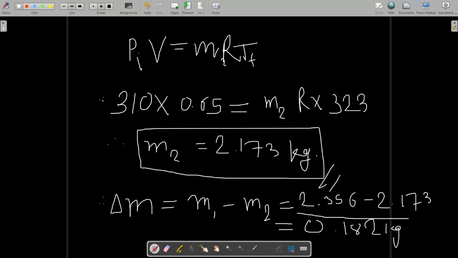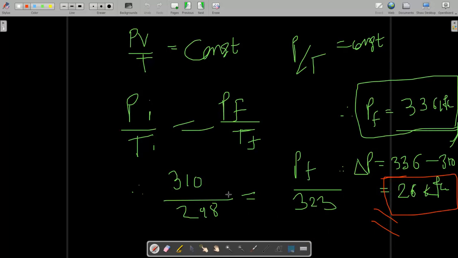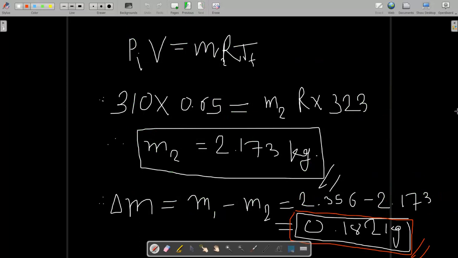So this much air we have to extract from the tire, so that the condition will be 310 kilopascal and 323 Kelvin. If we do not extract this 0.182 kg of air, then the final condition would be 336 kilopascal and a temperature of 50 degrees Celsius. I hope you understand all this concept.